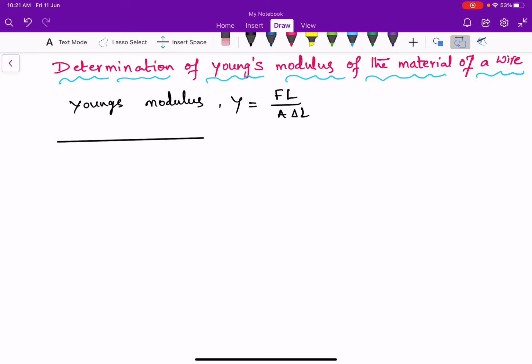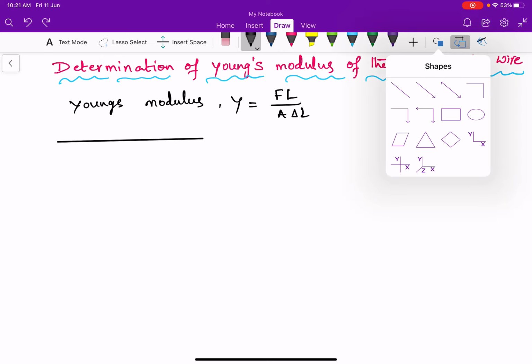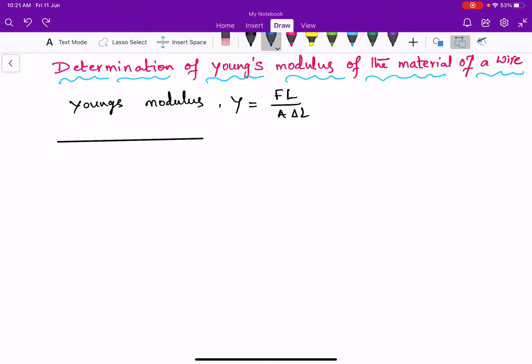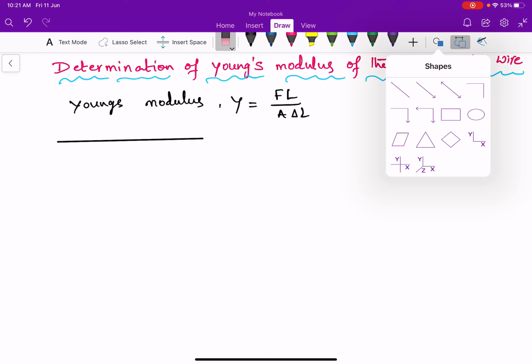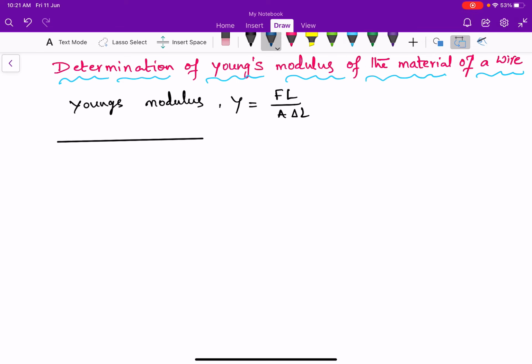I'm taking two wires of the same material and having the same length.